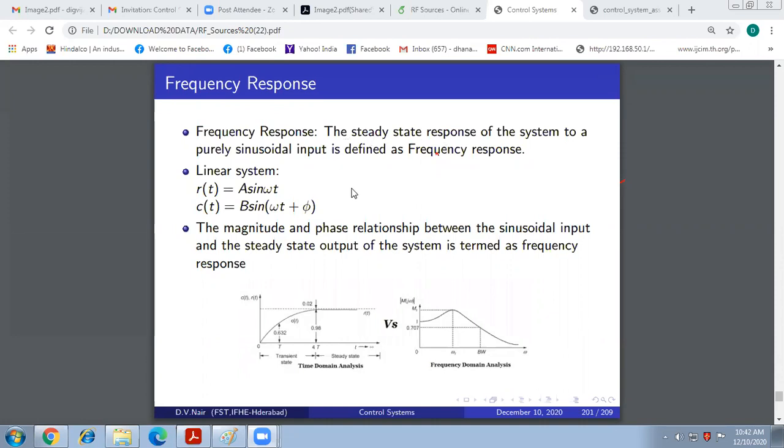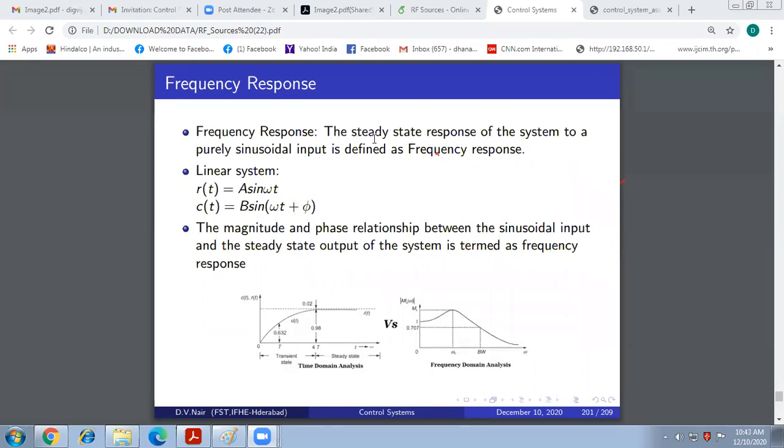So steady state, because we saw in the time domain graph the output for an underdamped system has initially oscillations and later on it steadies. Even if it is overdamped, it rises initially and then steadies itself.